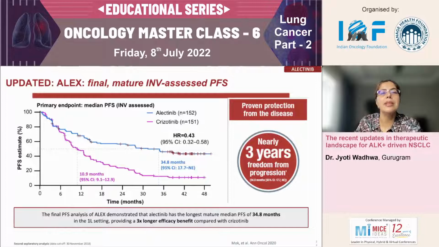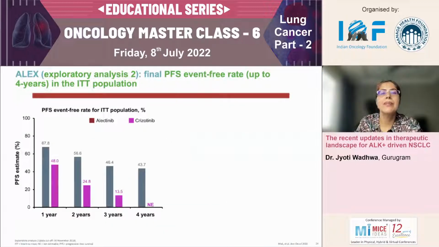Now, the updated results of the ALEX trial have reported a marked significant improvement in the median progression-free survival. It was 34.8 months with alectinib versus only 11 months with crizotinib. The hazard ratio was 0.43. So patients were progression-free for almost 3 years with alectinib.